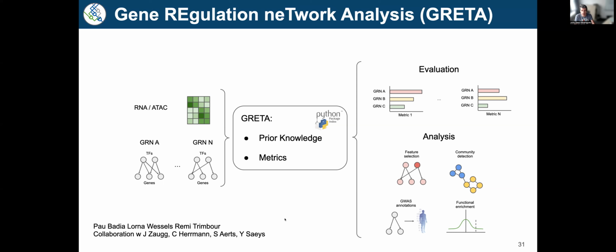It is a framework where we can analyze different methods to estimate gene regulatory networks from RNA and ATAC, evaluate them according to a number of metrics, and also perform different types of analysis to see what these methods are telling us. This is work in progress, and we really welcome anyone who wants to join us in this effort, because we think it's something that would be good to develop as a community.